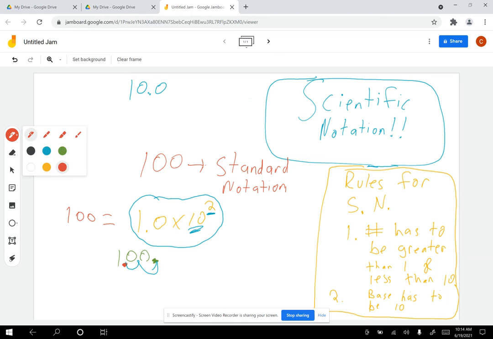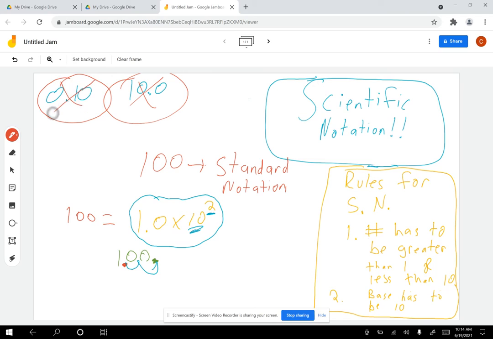This means I couldn't have moved the decimal only once and written my number as 10.0. That is not allowed. It also cannot be 0.10. This also is not allowed. But 1.0 falls within the range and is acceptable.